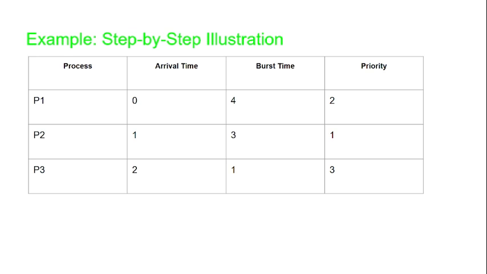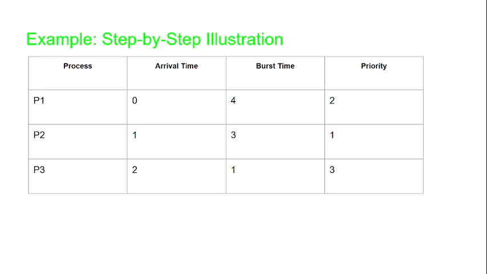Even if the priority of P1 is 2, which is lower than the priority of P2, until P1 finishes executing, it will not check the priority of the other task or process. So P1 will execute first.